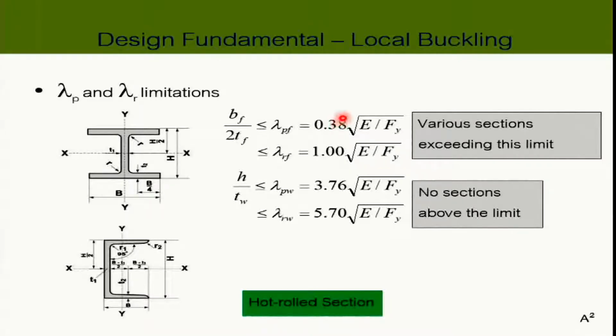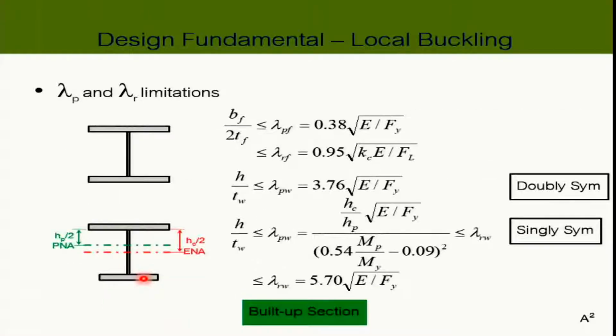Okay? So, for the hot rolled sections available in the market, we can safely say that the web is all compact, but not the flange. You're going to have to check the flange always, okay? And for the channel, I think everything is compact. And now the limit will be different if you have the built-up sections, okay?